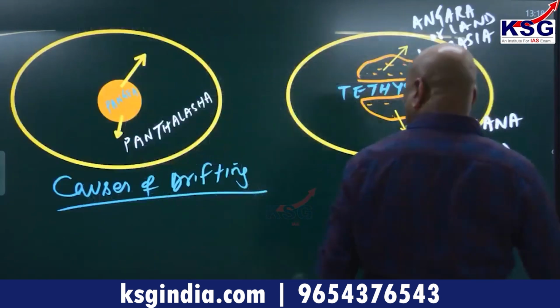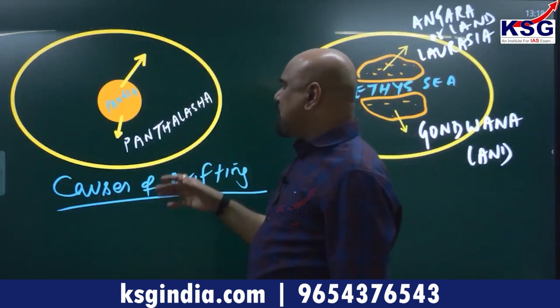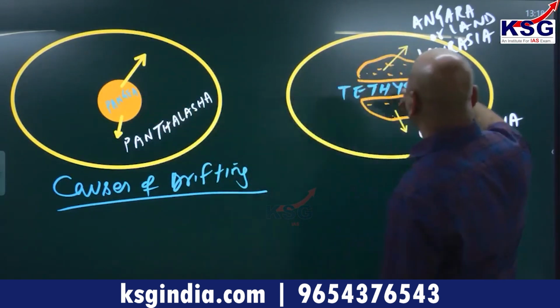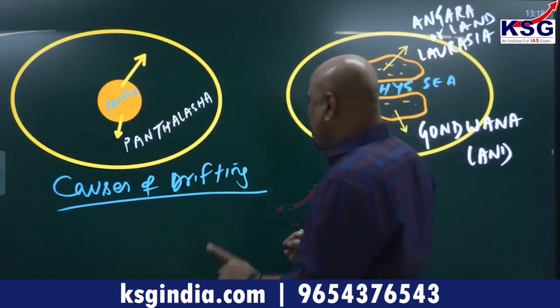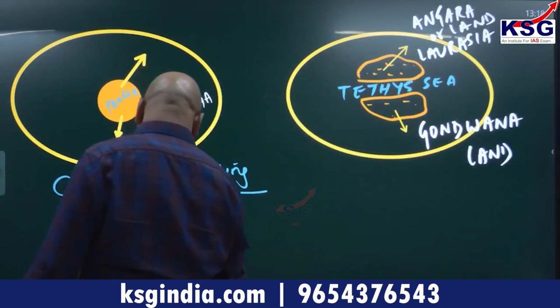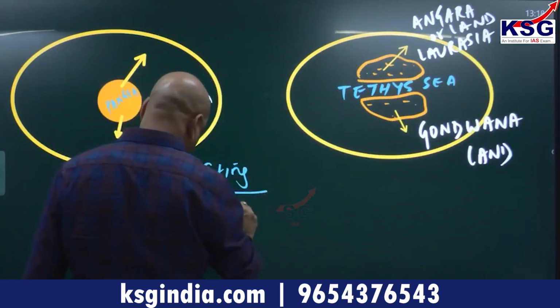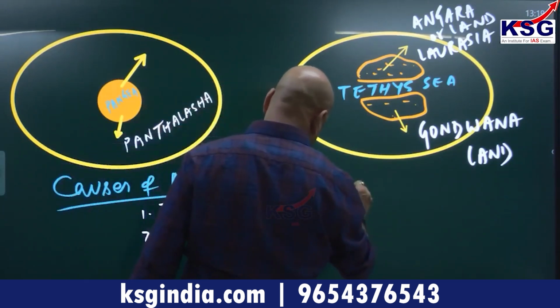According to Alfred Wegener, there is one supercontinent known as Pangaea, surrounded by Panthalassa. This Pangaea got split up into two parts, Angara or Laurentian land and the Gondwana land. The causes of drifting, he said, are very interesting. One, the tidal force of the moon and the sun.